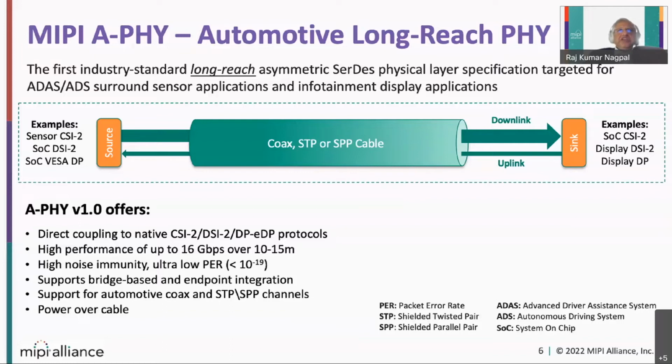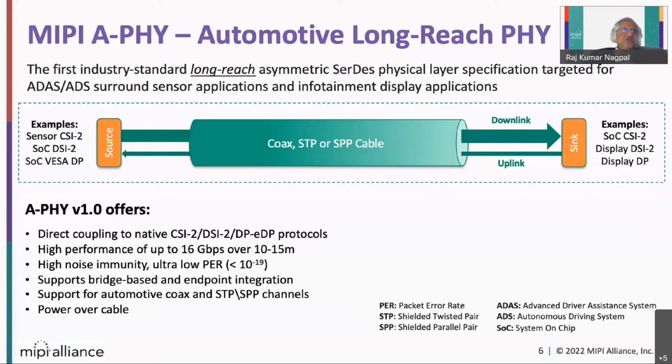By default it is an asymmetric interface wherein uplink has lesser bandwidth compared to downlink. This is the primary requirement for ADAS or ADS solutions, so this is the primary target of this physical layer.